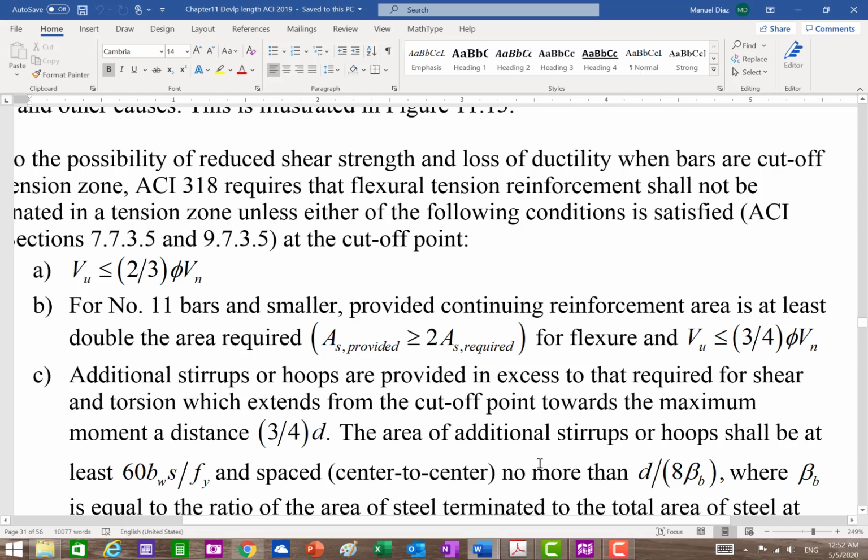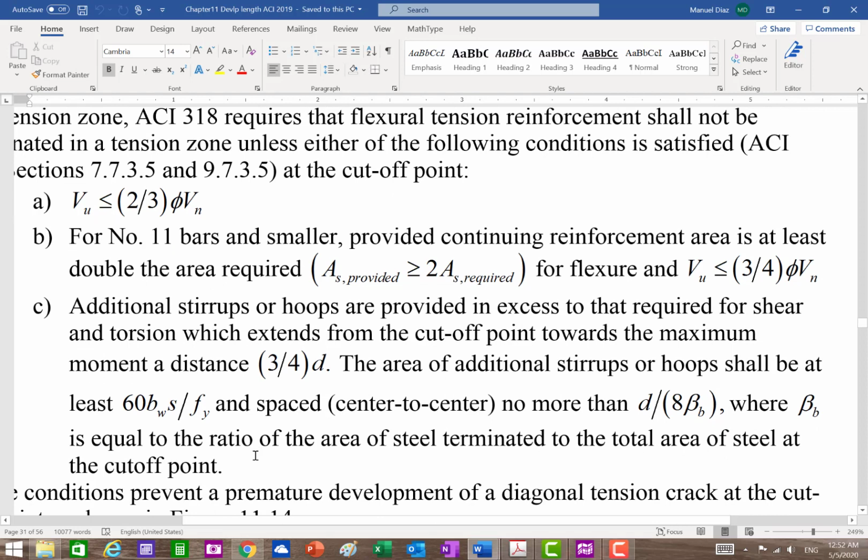Now, the area of additional stirrups or hoops shall be at least 60 bw s per fy, and the spacing should be no more than this, where beta b is equal to the ratio of the area of steel terminated to the total area of steel at the cutoff point.